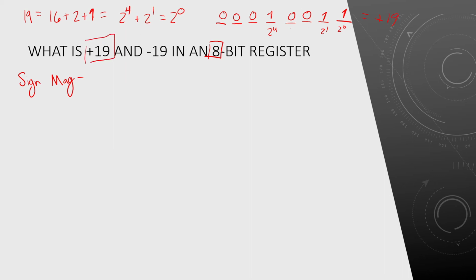So what is that in sign magnitude? In sign magnitude, all we do is add a sign bit to the n. We add a sign bit to this n right here. And 0 corresponds to positive, 1 corresponds to negative. Let's erase this real quick.